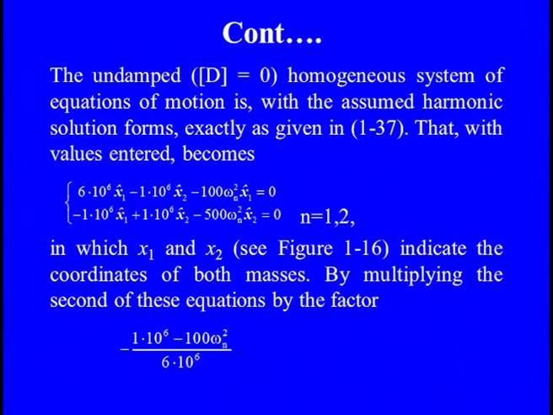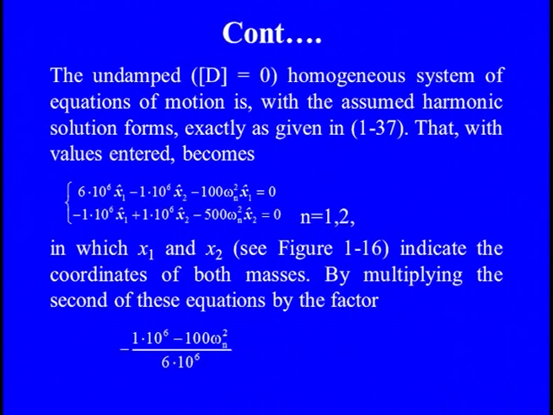So for the first equation, since the first natural frequency is 6.10, we can keep 6.10 x1, then 1 into 10 to the power 6, which is my stiffness, into x2 minus 100 omega n square x1 equals 0.